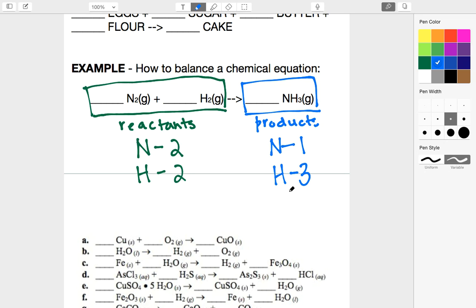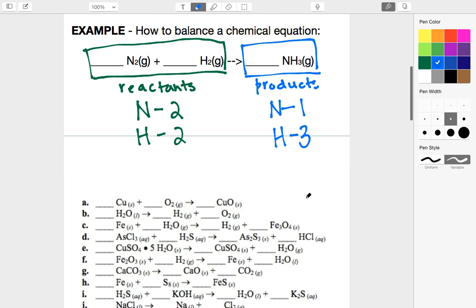Right now, I have 2 nitrogens on my reactant side and 1 nitrogen on my product side, 2 hydrogens on my reactant side, and 3 hydrogens on my product side. I think I said 1 hydrogen on my reactants when I meant 2. But in any case, you can see that my reactant side versus my product side are not the same. They're not balanced. So this does not meet the law of conservation of matter, which is bad, right? Because this can't be possible.